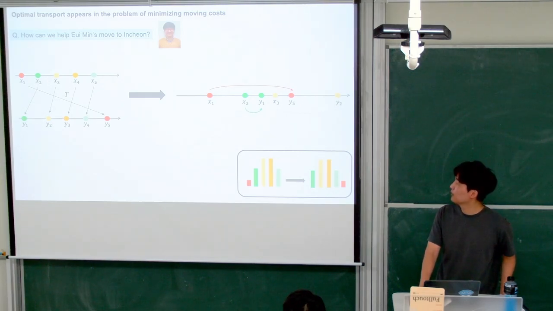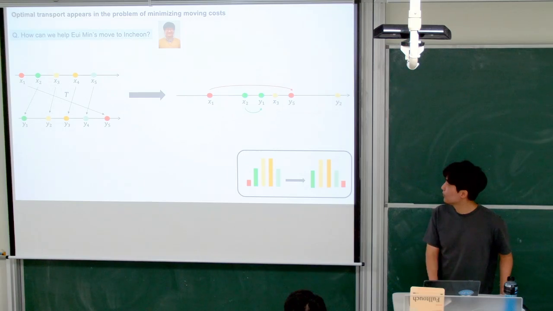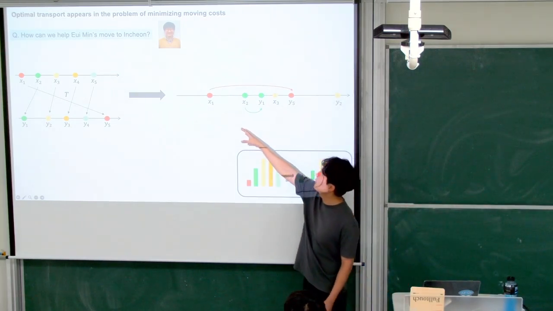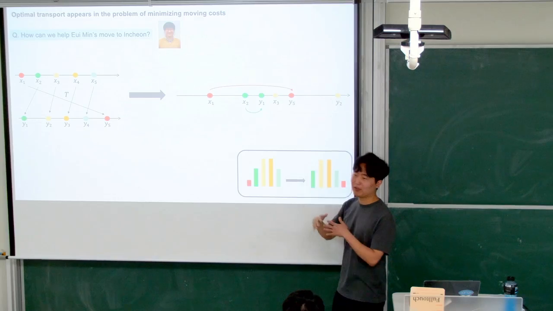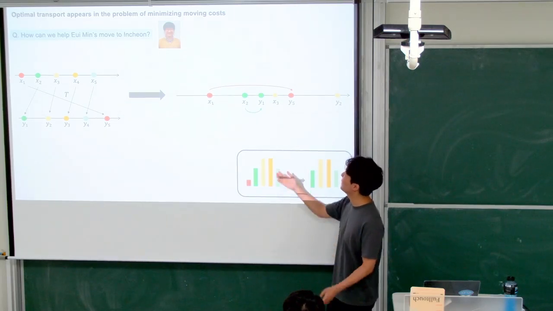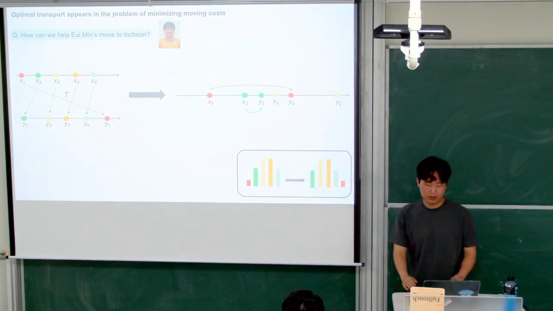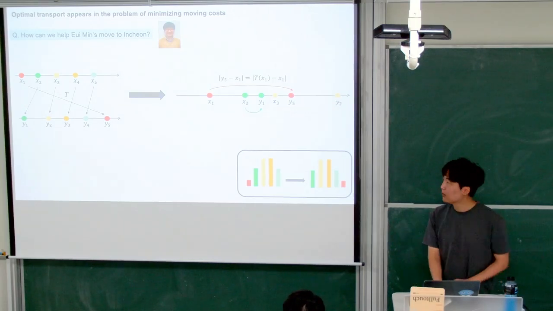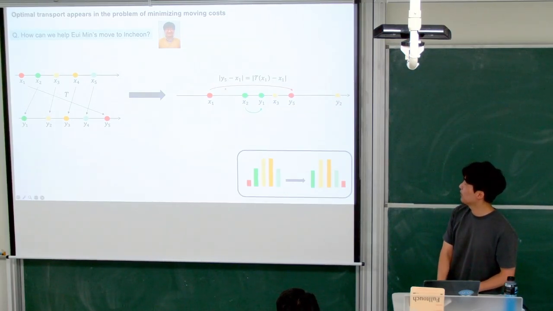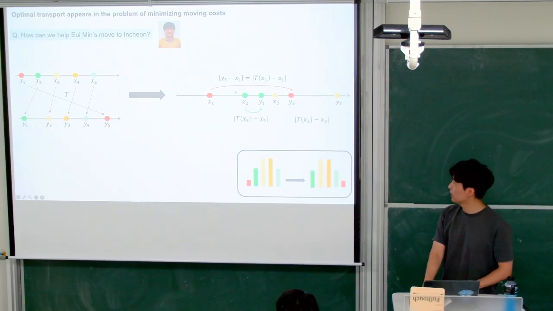As you can see, what should we consider from this transport? If we move some luggage longer, then it will be more costly. Or if the luggage is heavier, then it will be more costly. So first, the distance should be considered, namely the distance between y5, the target point, and x1. Or in other words, T of x1 minus x1 should be important.